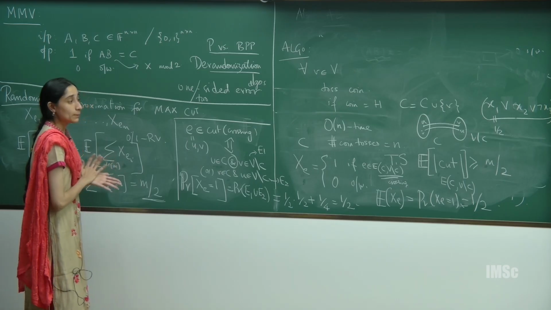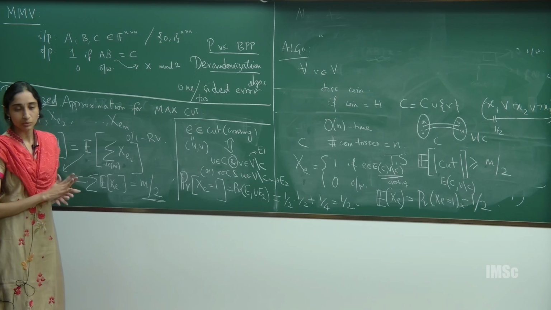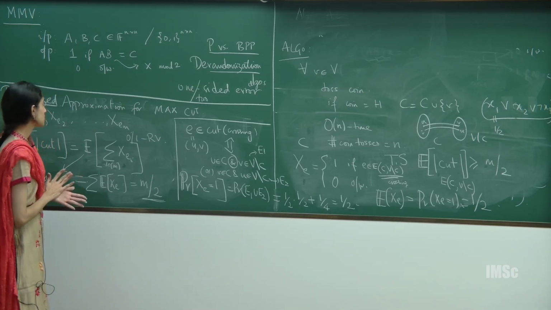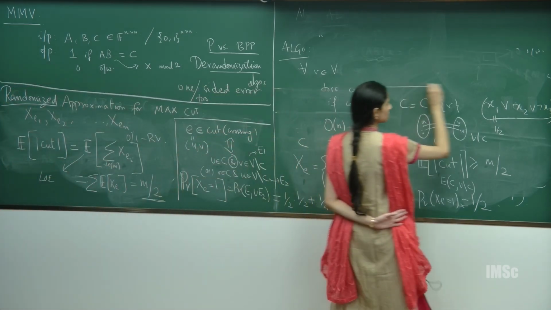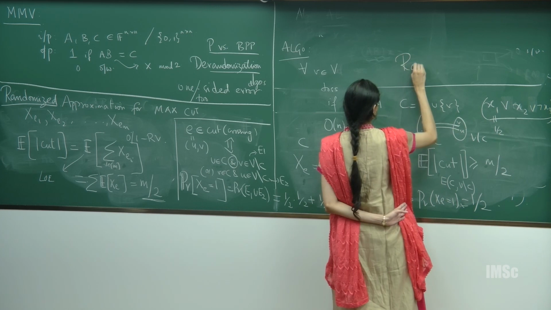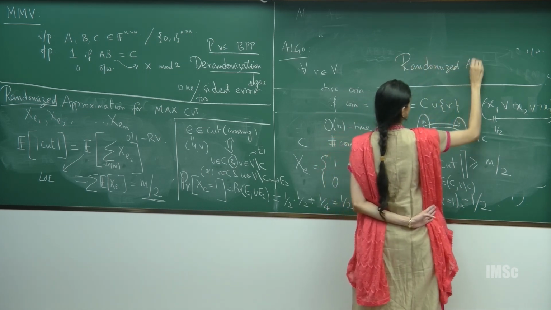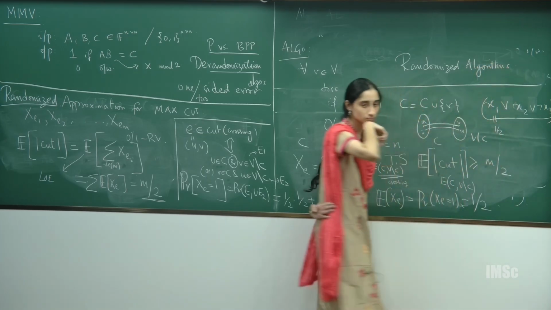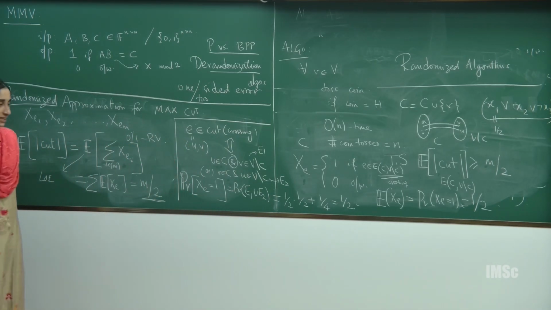But to analyze or develop randomized algorithms, you should have some sound understanding of probability theory. So you should go back and read stuff. This is taken from a book called Introduction to Randomized Algorithms by Rajiv Motwani.